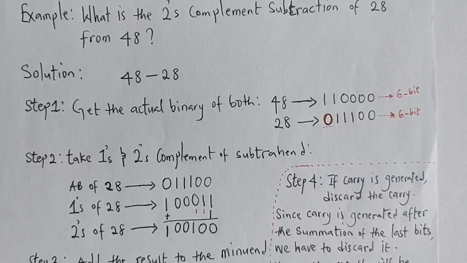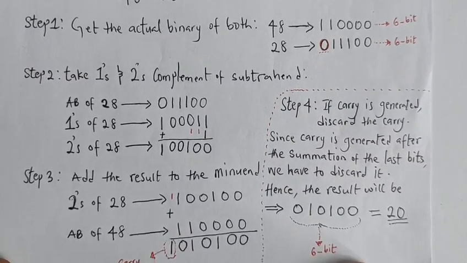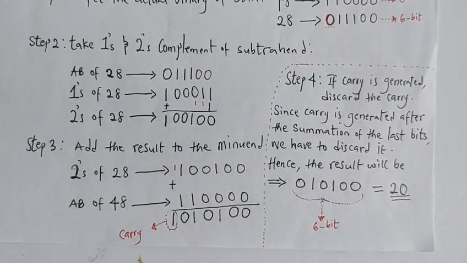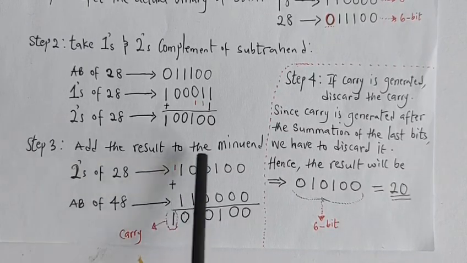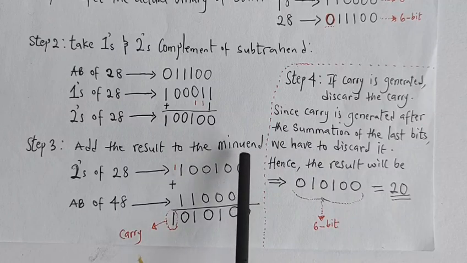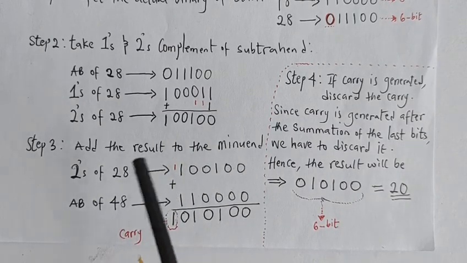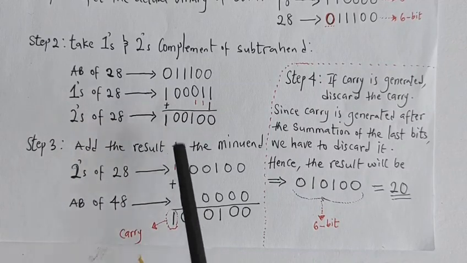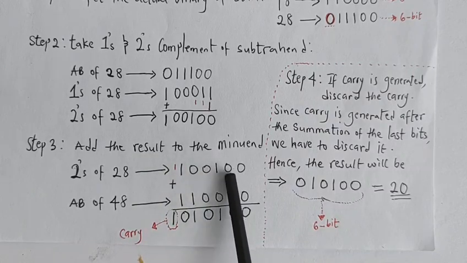Now once you've done that, you are already getting close to the final answer. Let's go over to the third step. The third step says add the result to the minuend. The minuend is 48. Now this is the 2's complement of 28, which is 1, 0, 0, 1, 0, 0.